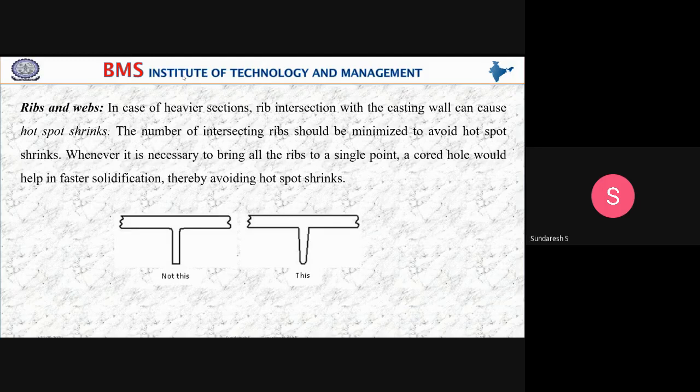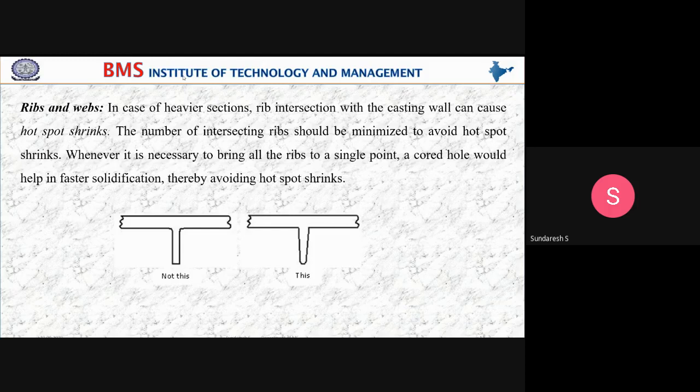The intersection of ribs across the heavier sections always results in hot spot shrinks. The number of intersecting ribs should be minimized to avoid hot spot shrinks, so there should not be too many intersecting ribs.